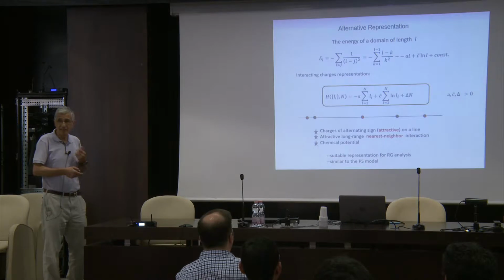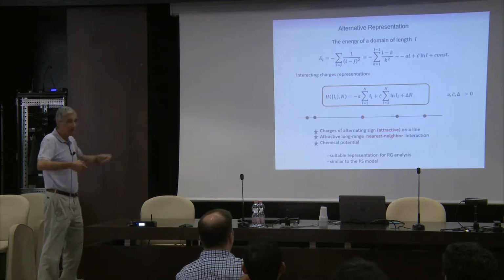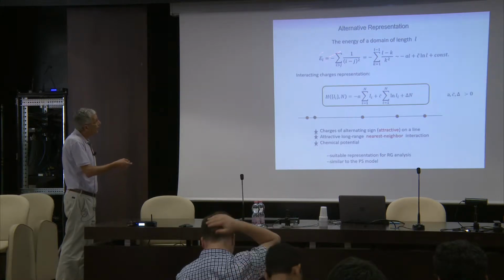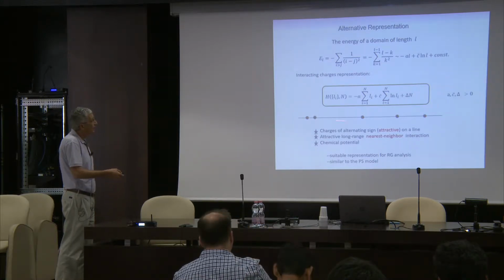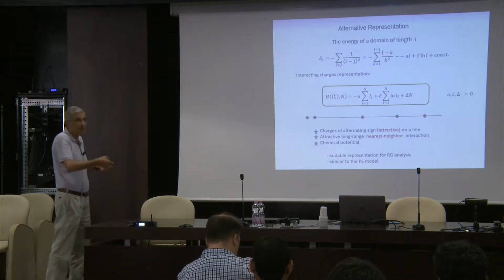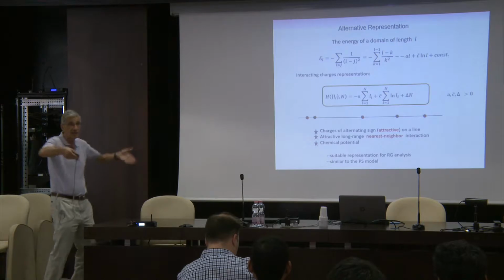So basically, I can describe the domains by the edges of the domains. It's like you have charges here, and these are the domains, and all I need to know is the length of these domains. The configuration is just given by the Li's, the lengths of these domains.